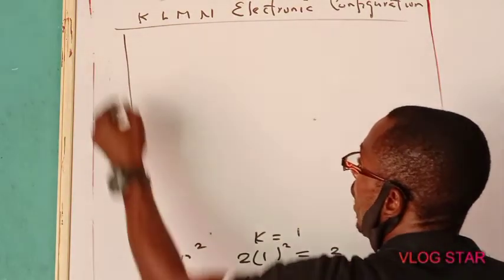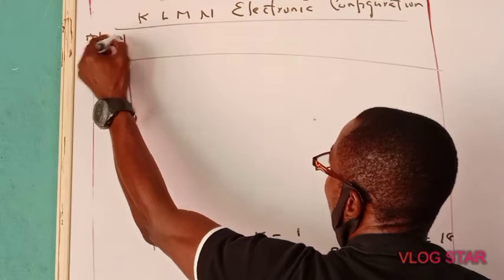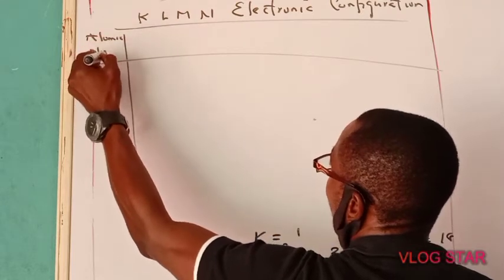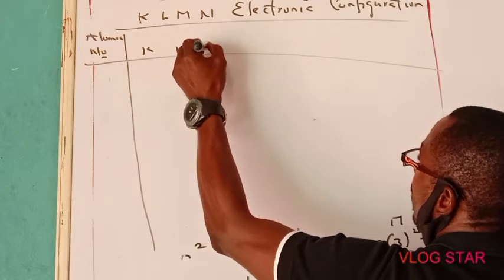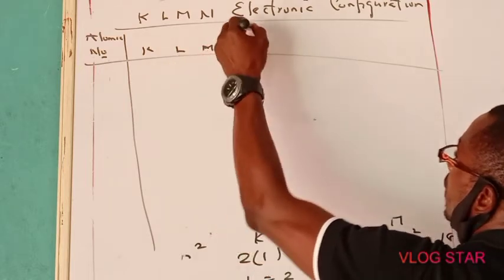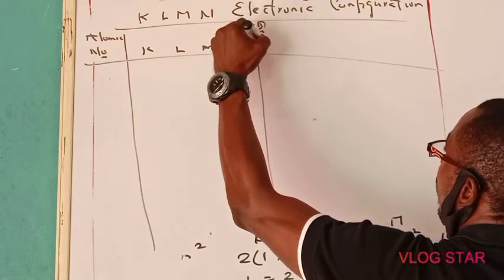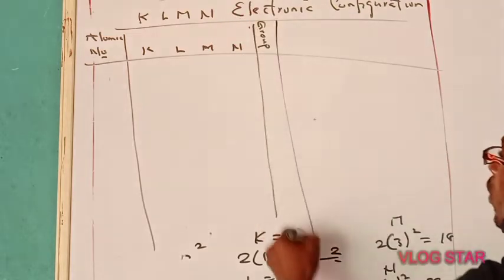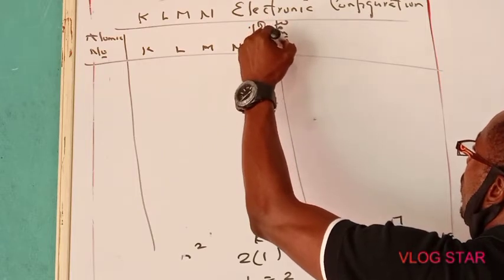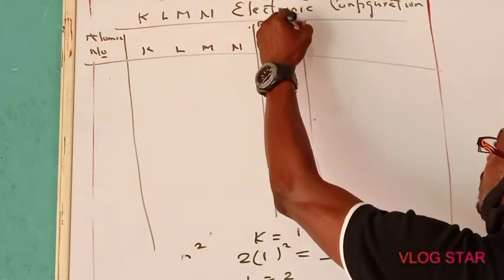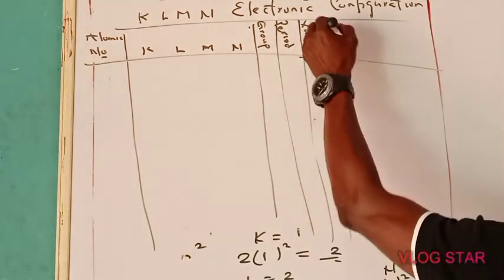We have the atomic number. We have the K, L, M, and N. We have the group. We have the period. We have the valency, and we have the nature.